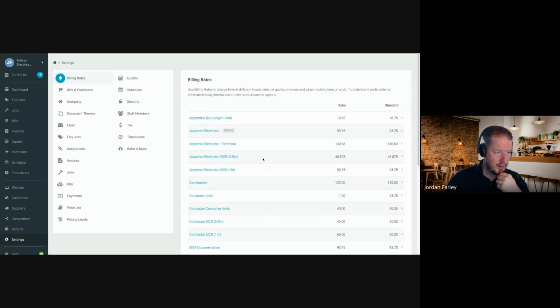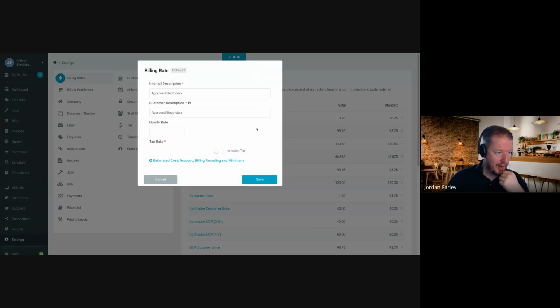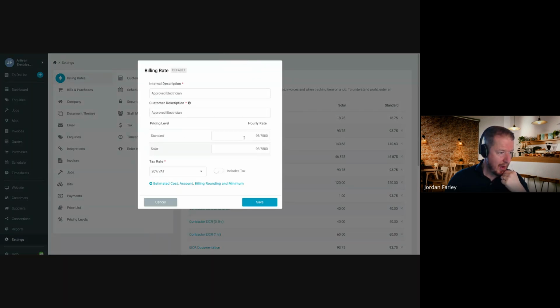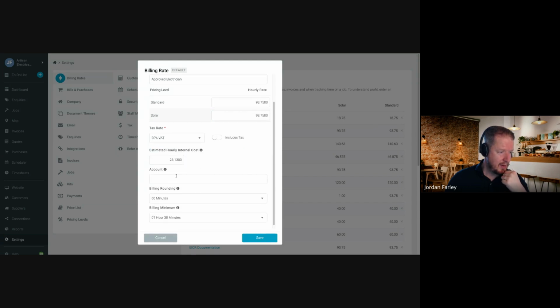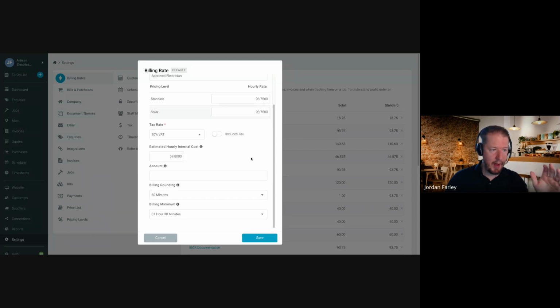So you can set your approved electrician rate, and here we go. This is where you put your cost in. So if it costs you 59 including your overheads, put that. Don't just put how much you pay yourself. And then that means that your gross profit figure will actually reflect your net profit figure after your overheads.